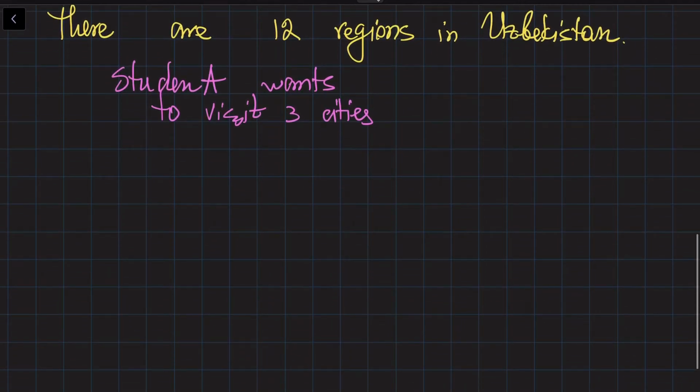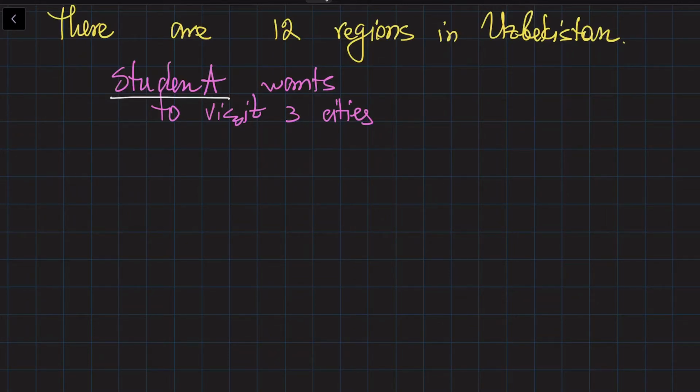What I want from student A is a list of cities to which the student would like to go. So just give me a list of cities where the student wants to go. It doesn't matter, I don't really care how the student is going to go to those cities. I just need the list of cities.